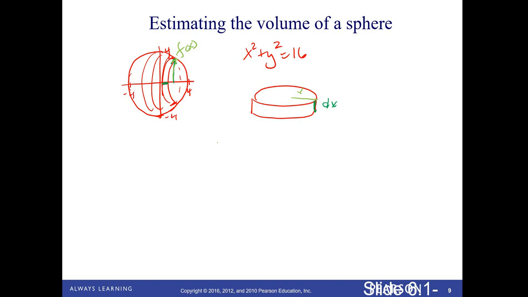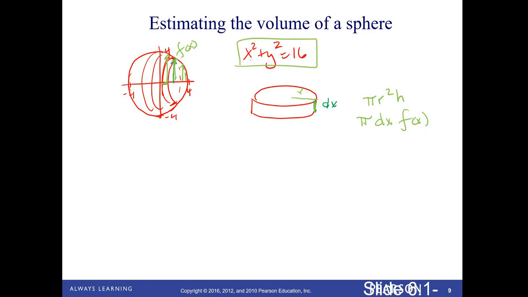So each one of these slices follows the formula for the volume of a cylinder, which is pi r squared h. In this case, pi is a constant. h, the height of my cylinder, which matches over here, is my dx. That is also a constant. And I'm going to have a whole bunch of little radiuses depending upon how many slices I take, and each of those is going to be f of x.